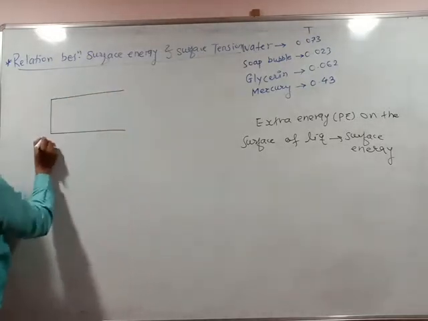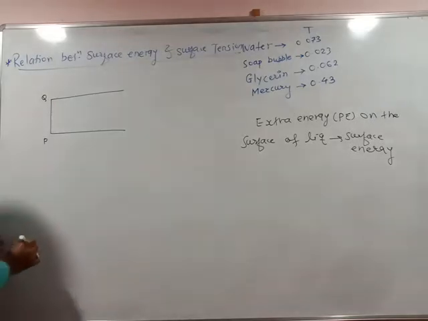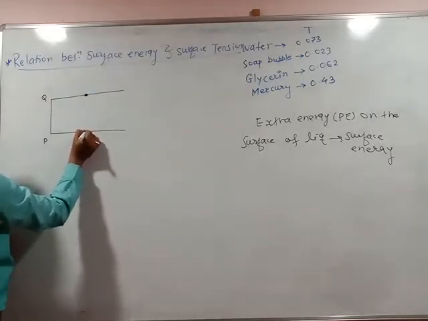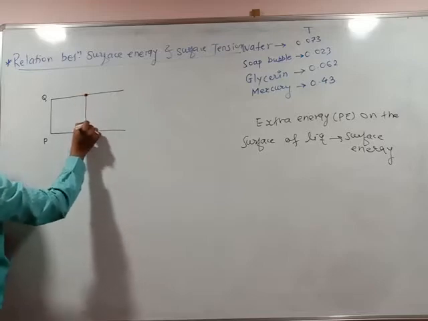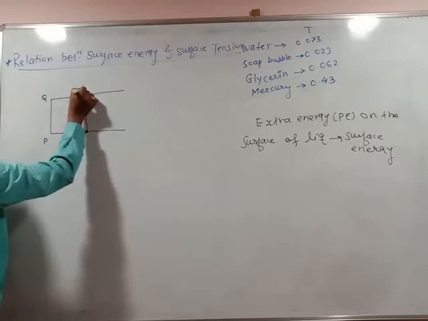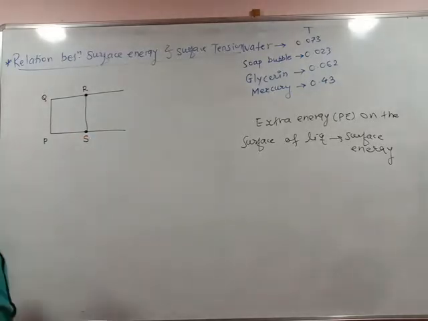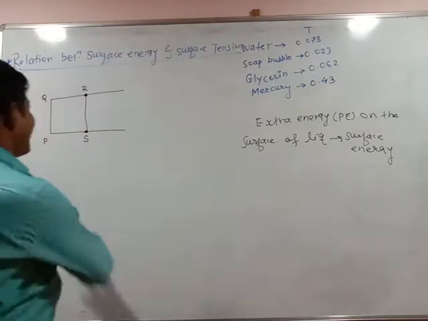This is one frame PQ, which is fixed. I will consider one frame which is movable, that is RS. There are different notations given in different books, so try to understand the figure.